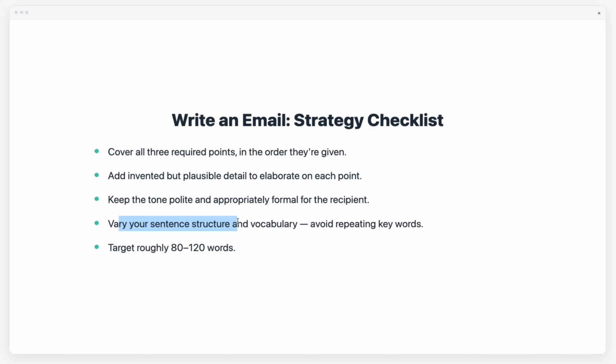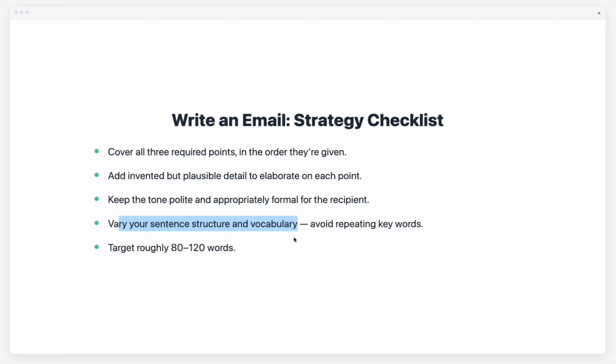Okay. You need to vary your sentence structure and vocabulary. This is an important one. You need to show command of English, and you need to have sentence structures that don't just follow a single repeatable pattern. It would be very easy to answer these questions and just set up a simple sentence structure that repeats throughout, but that's not what we're looking for here.